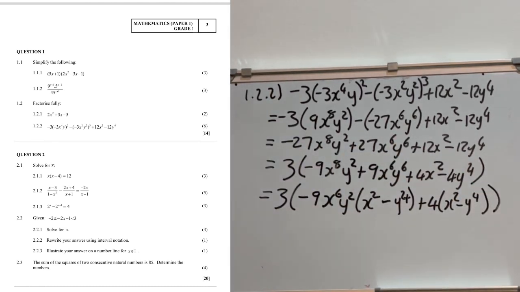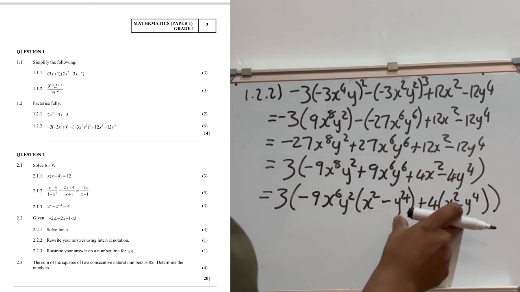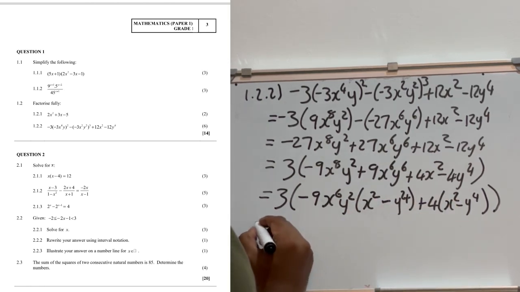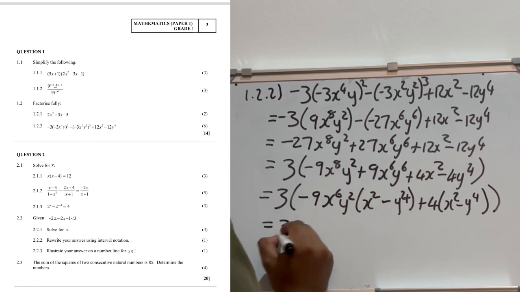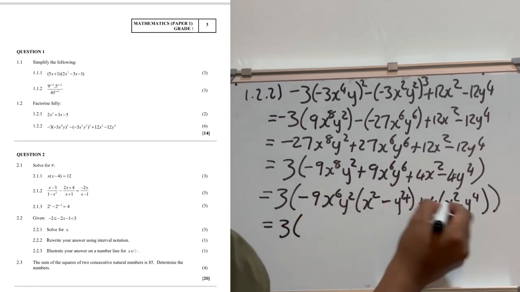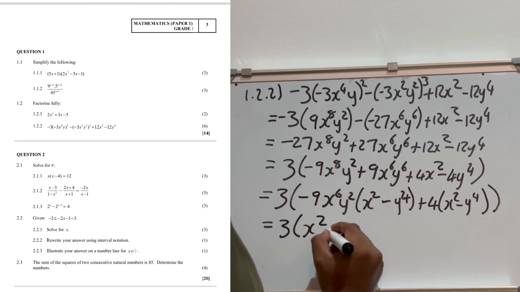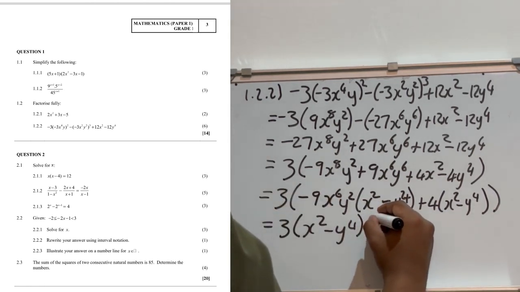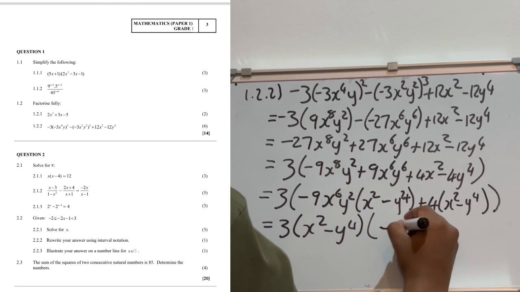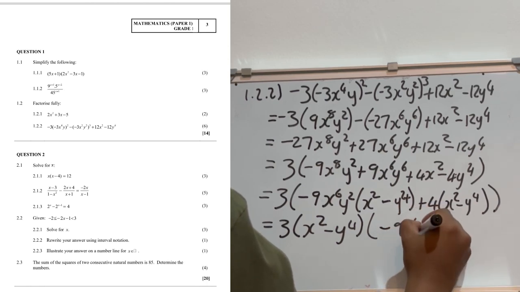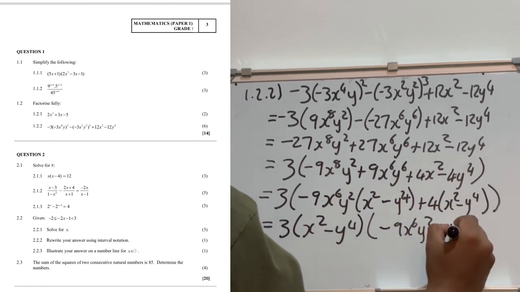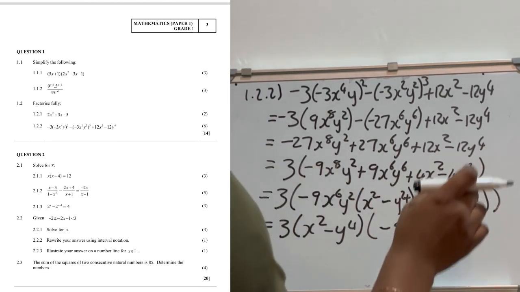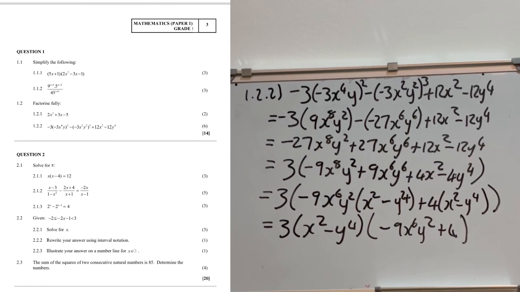It's a long sum. So now we can say these two can be taken out as a common factor. So now we're going to have this whole thing, we're going to have 3 times x squared minus y to the power 4, and then we're going to have minus 9x to the power 6 y to the power 2 plus 4, and then in both of these, we can do difference of squares.